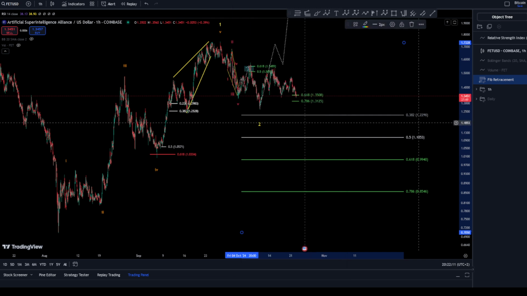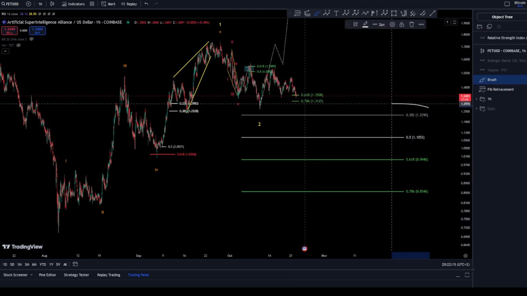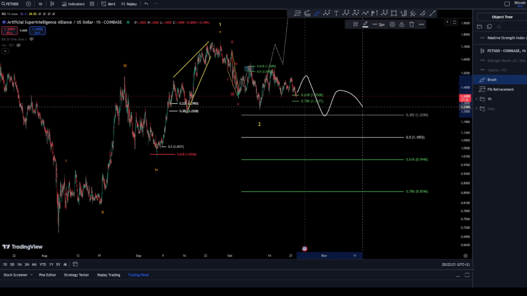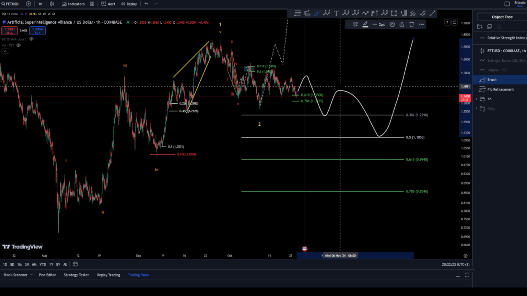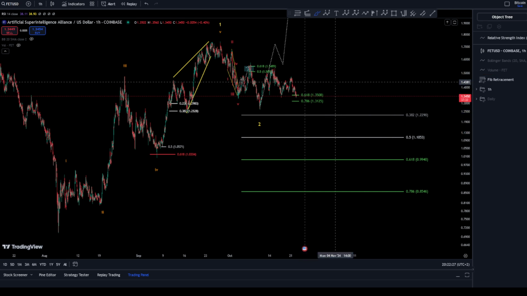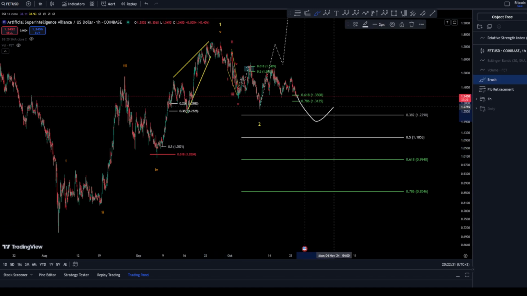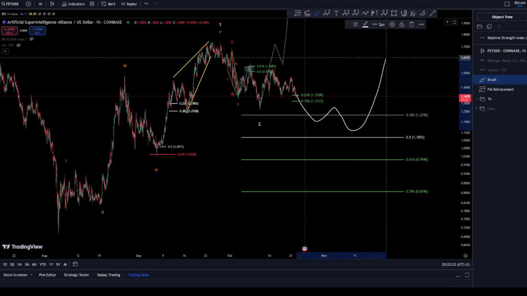It can be 0.38, it can be 0.5. And by the way, the minimum requirement is a 0.38, so definitely we are still looking for lower prices, guys. So basically I cannot say bearish, not yet. We have a little bit more potential of bullish, of course. However, we still need a low to move up.